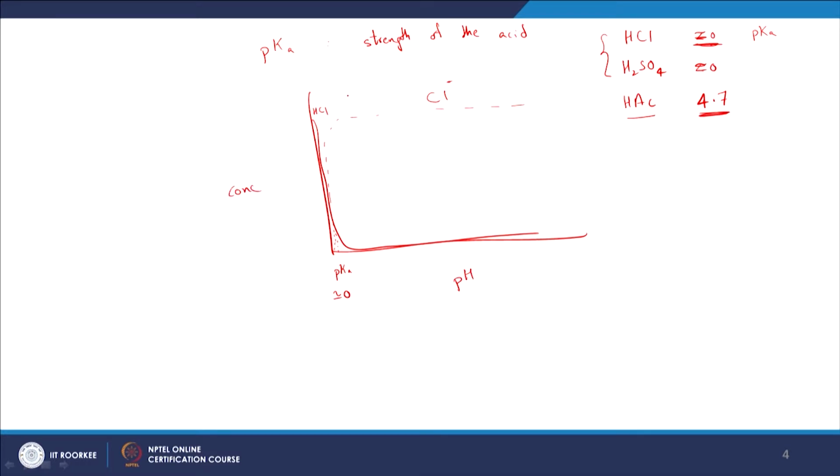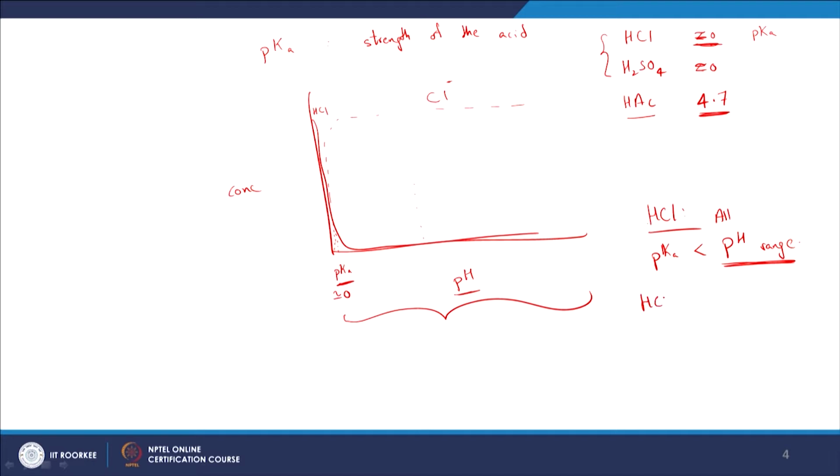So I am drawing HCl here. Compare that with acetic acid, where the pKa was somewhere here, 4.7, right. With respect to HCl you see that in the normal range of pH, the pKa of HCl is less than almost all the pH range, right, it is always less than the pH range that we come across.